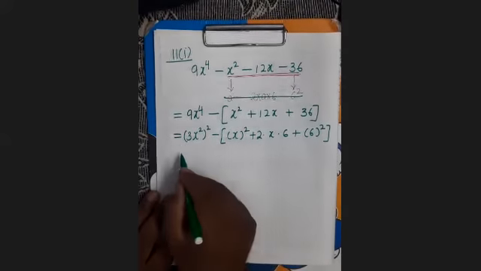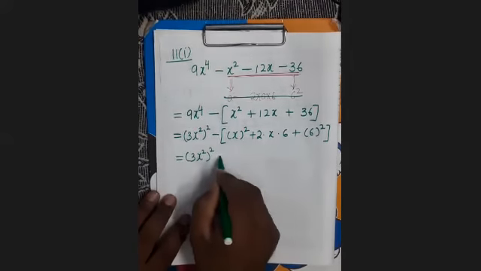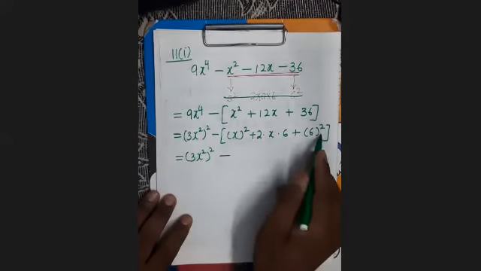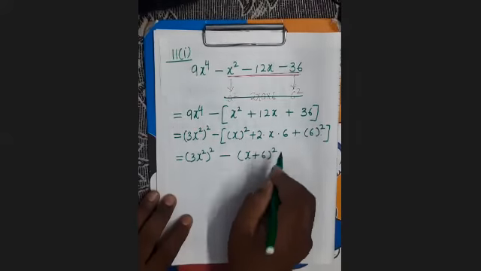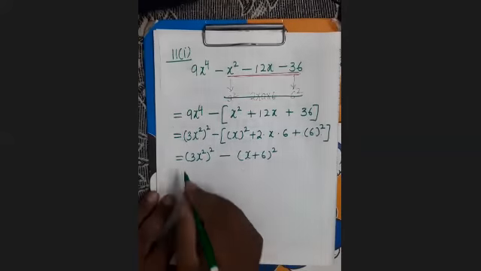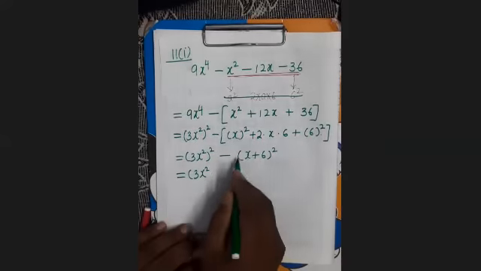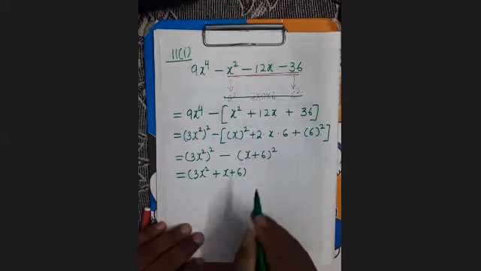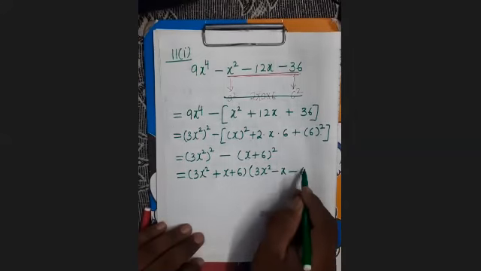It is clear? So this is 3x square ka whole square. This is a square plus b square plus 2ab, that is x plus 6 whole square. Now in one bracket you will write a plus b. So 3x square plus b, that is x plus 6. A minus b is 3x square minus x minus 6.